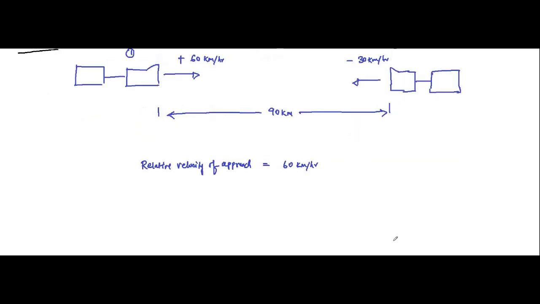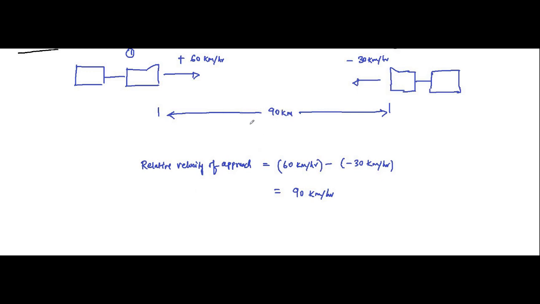So it will be 60 minus minus 30 kilometers per hour. So this will be 90 kilometer per hour, the relative velocity.